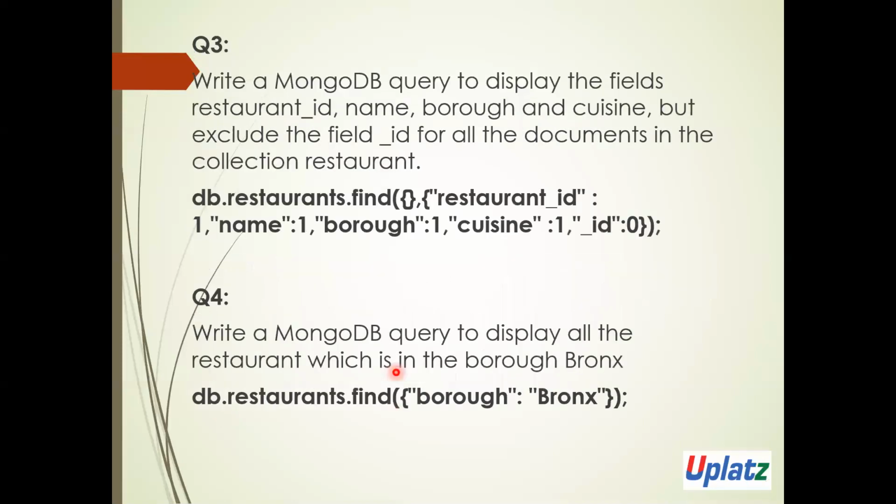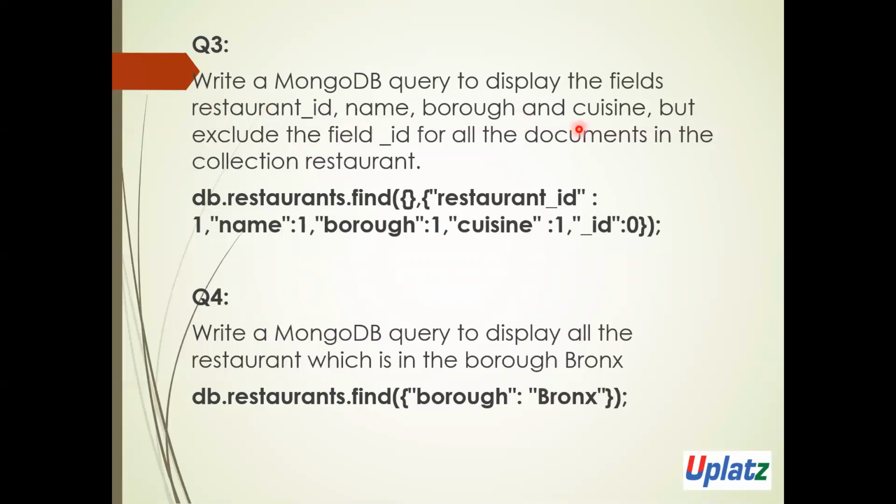The next question is, write a MongoDB query to display the fields restaurant ID, name, borough, cuisine, but exclude the field _id. I don't want that _id field to get displayed in my document. We already know that the _id field is nothing but our primary key in a document in a collection. They are asking us to exclude that particular field, but include restaurant ID, name, borough, and cuisine.